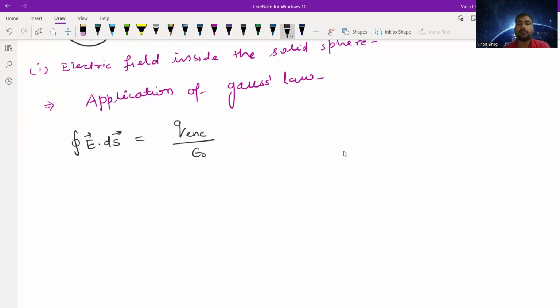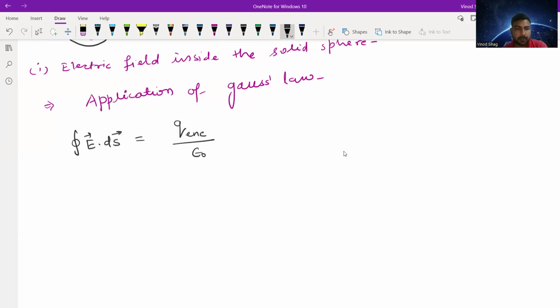We know this solid sphere is uniformly charged. Uniformly charged means the charge density is the same for every point or every fraction of this solid sphere. So the density of the bigger sphere and the density of the Gaussian sphere we have assumed will be the same.